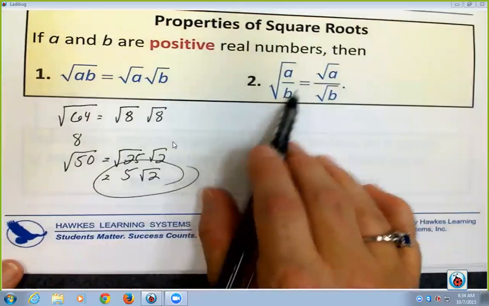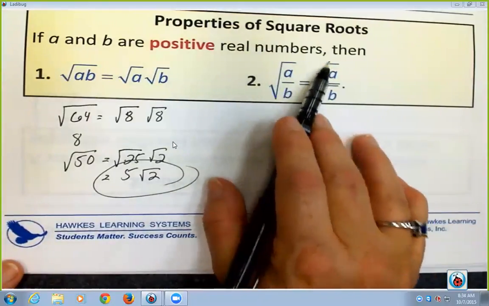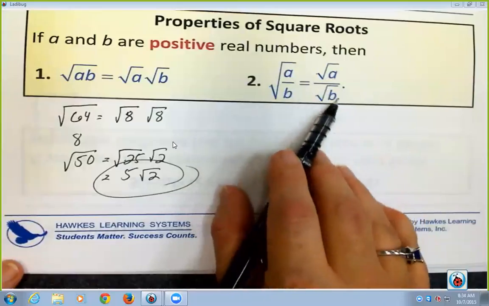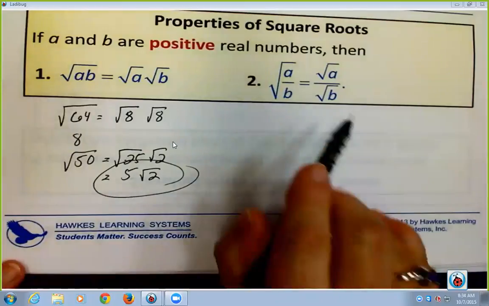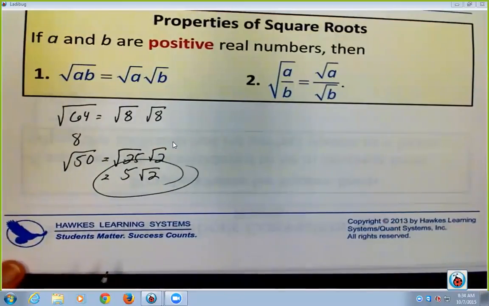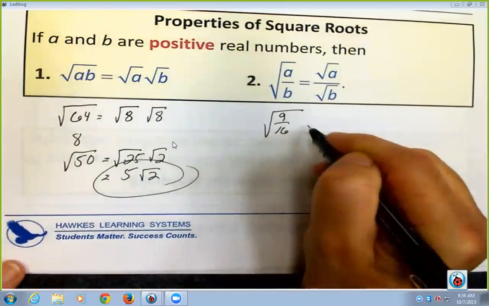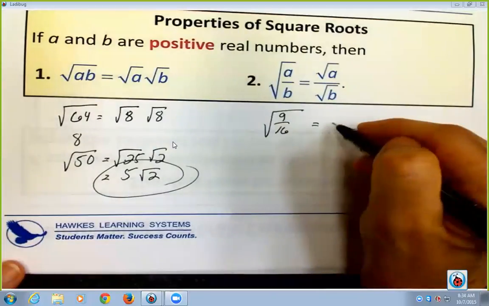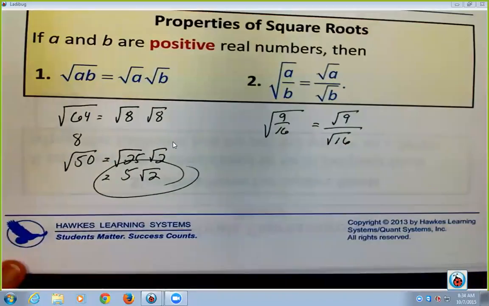Then in a fractional piece, we can break apart each piece. So we could say the square root of the numerator and the square root of the denominator. Later on, we're going to force these denominators to be perfect, but that's again not today, but down the road we will. So an example, if we went back to that 9/16 that we had earlier, that would be the same as the square root of 9 over the square root of 16.